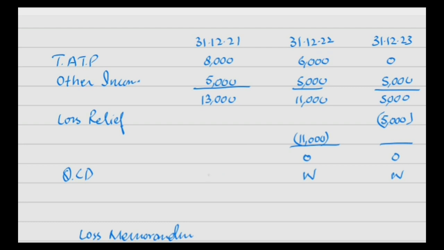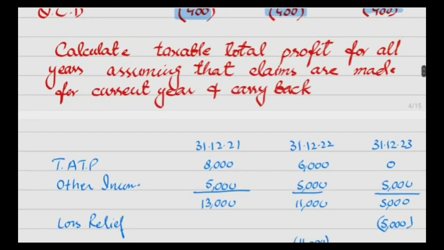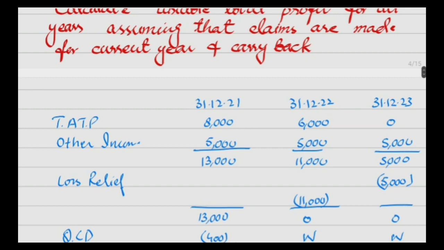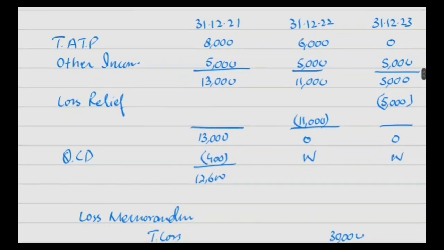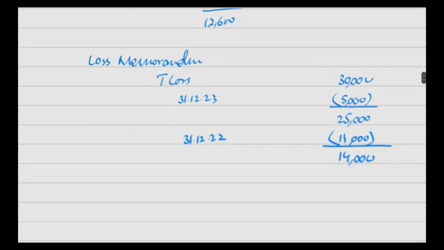In the third situation, we can utilize the QCD as our total income is 13,000 and सिर्फ कैरी बैक 12 months तक किया जाता है. We can only carry back a 12 months period, not before that. So 400 of this QCD will be utilized here and it reduces the profit to 12,600. So in case of current year and carry back claim, you have to make a full claim, no partial claim is allowed, so your QCD will be wasted.